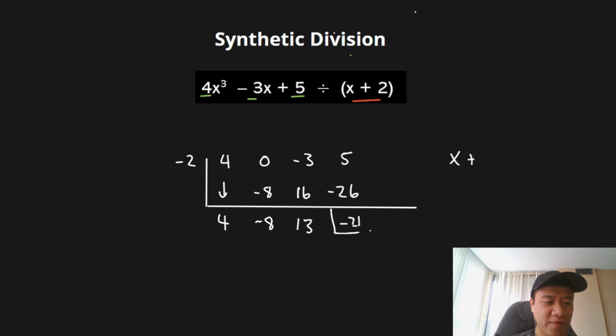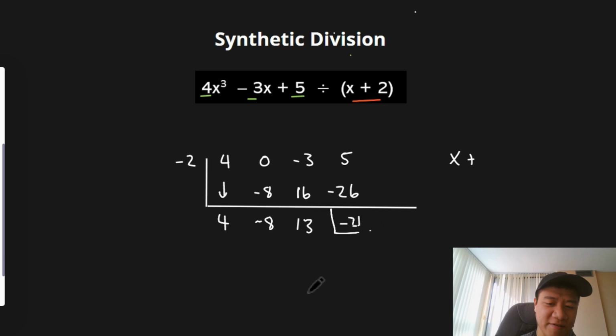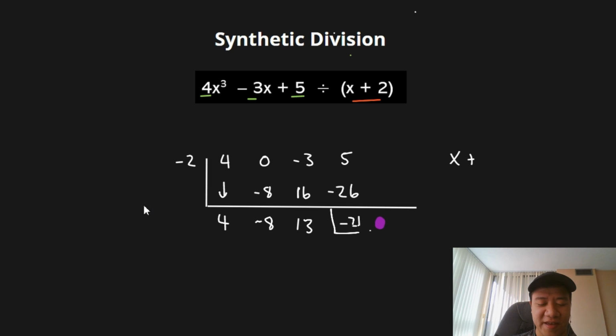Okay, so just like before, we have this as our remainder. And then we can write our quotient over here. Since we have 3 numbers, the highest degree term in our quotient is going to be x squared.